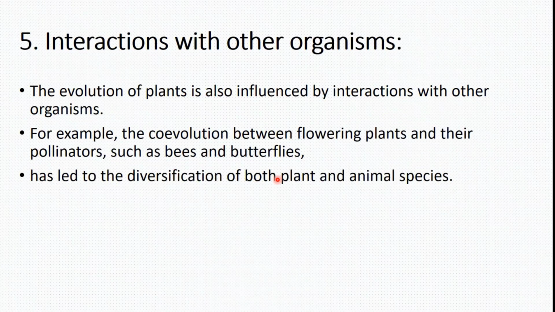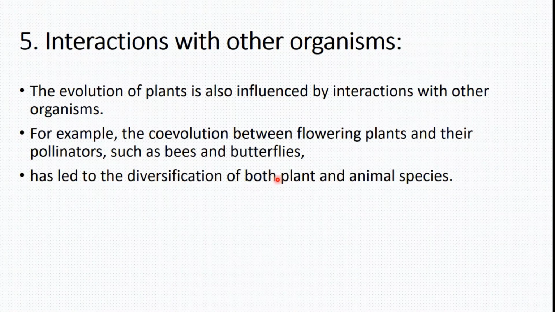And the other one is the interaction with other organisms, which is so important. When we talk about interaction, we have to talk about the community, the ecosystem, even up to the level of the biosphere. The evolution of plants is also influenced by interaction with other organisms.